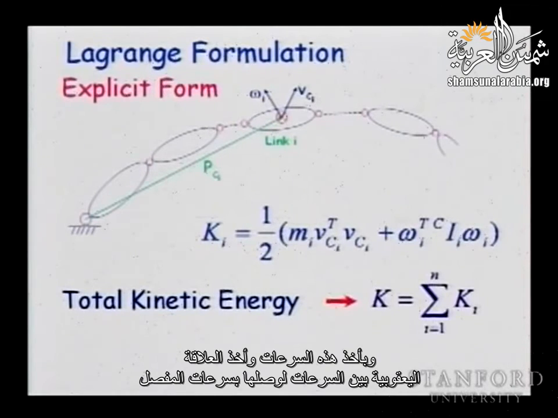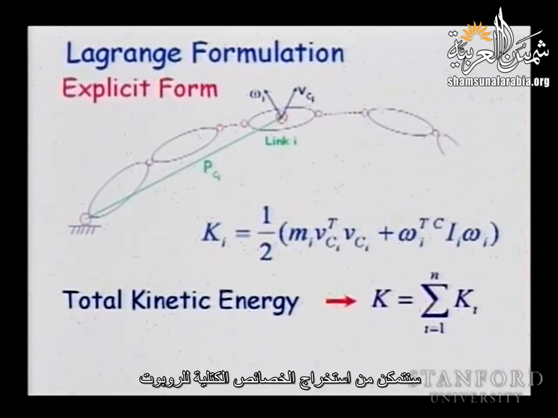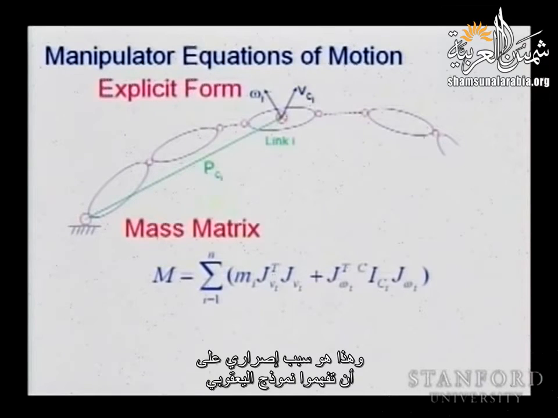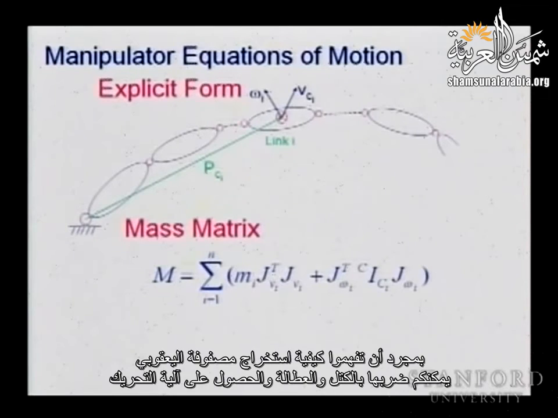And by then taking these velocities and taking the Jacobian relationship between velocities to connect them to joint velocities, you will be able to extract the mass properties of the robot. So the mass matrix will become a very simple form of the Jacobian. That's why I'm going to insist on your understanding of the Jacobian. Once you understand the Jacobian, you can scale the Jacobian with the masses and the inertias and get your dynamics.